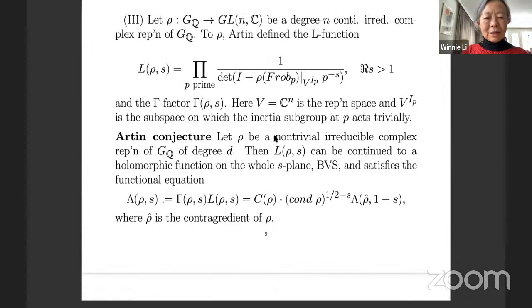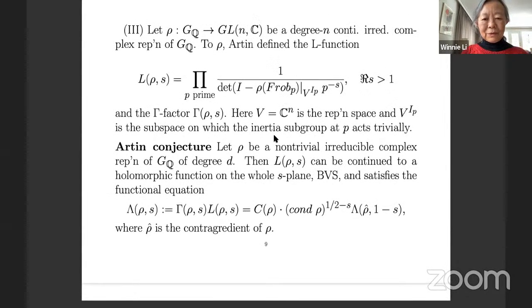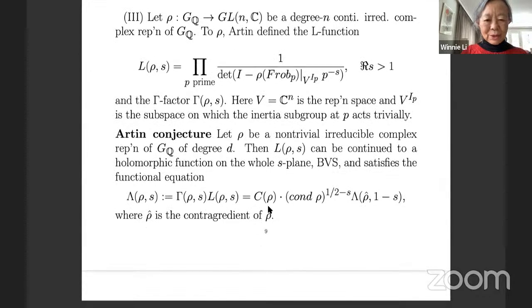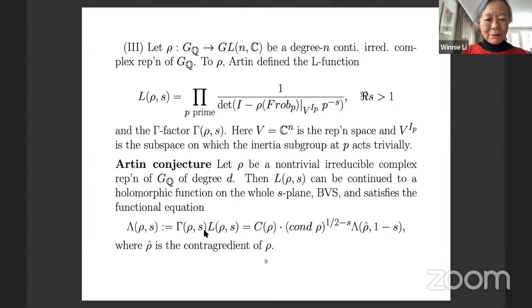So the Artin conjecture says that if rho is a non-trivial irreducible complex representation of degree d, then the associated Artin L function has the analytic behavior as we have seen before. Namely, it can be extended to the whole complex plane, holomorphic everywhere, and bounded in vertical strips, and satisfies a functional equation with some gamma factor, which we also defined before.